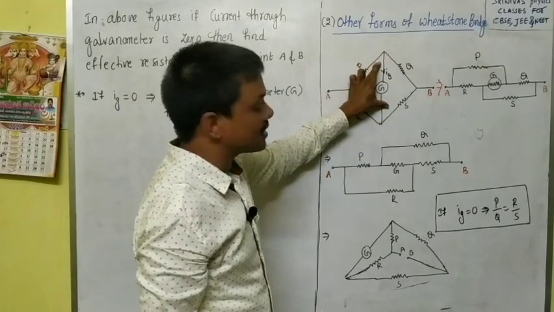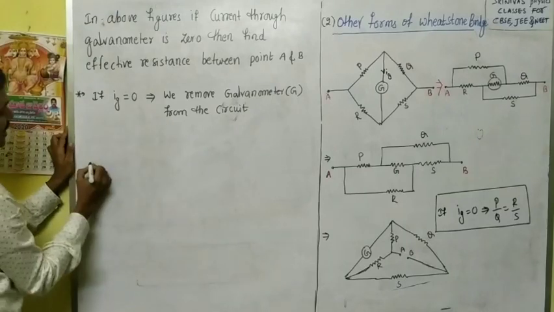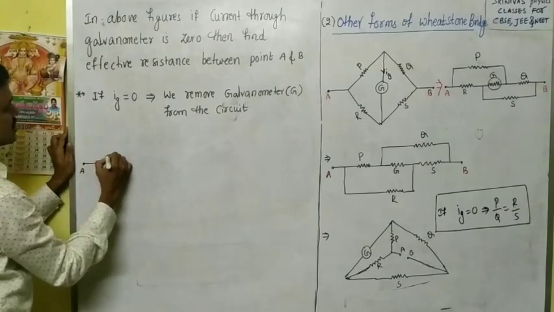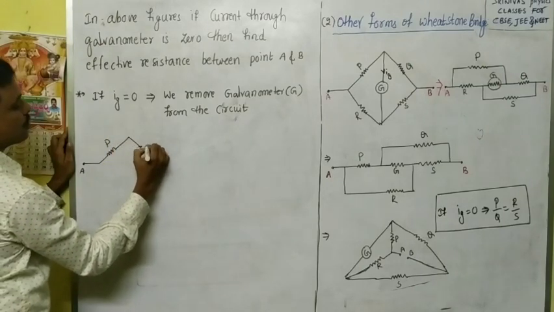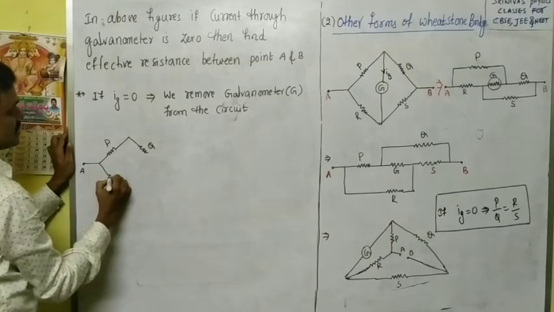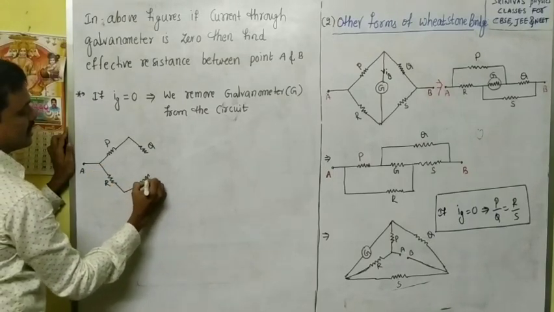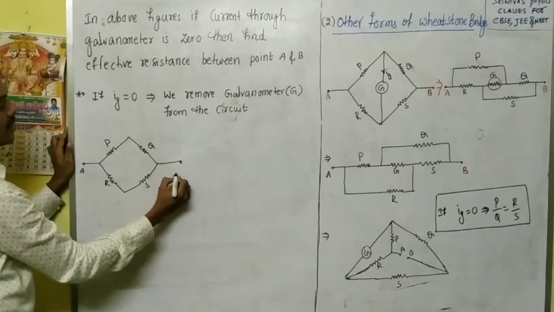Whether the galvanometer is there or not there does not matter, that's why we can remove it. If you remove it, we can redraw the diagram. This is A, this is P, and this is Q, and this is R, and this is S. Like this we will get the diagram.